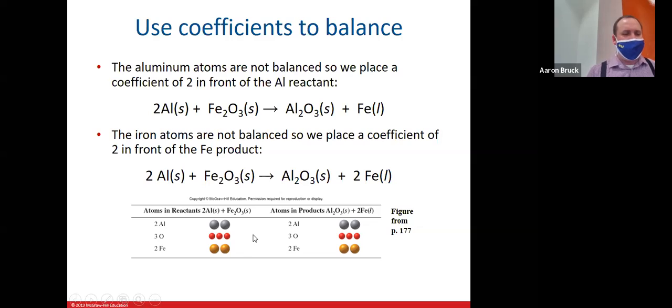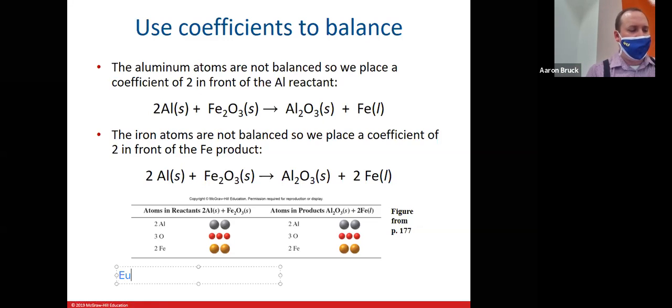From a balance standpoint, I now see I have 2 aluminums on each side, 2 irons on each side, 3 oxygens on both sides. I now have a balanced chemical equation. Every atom is accounted for.